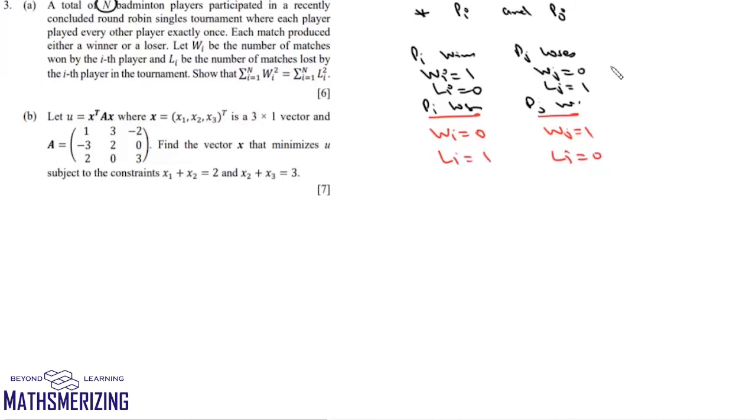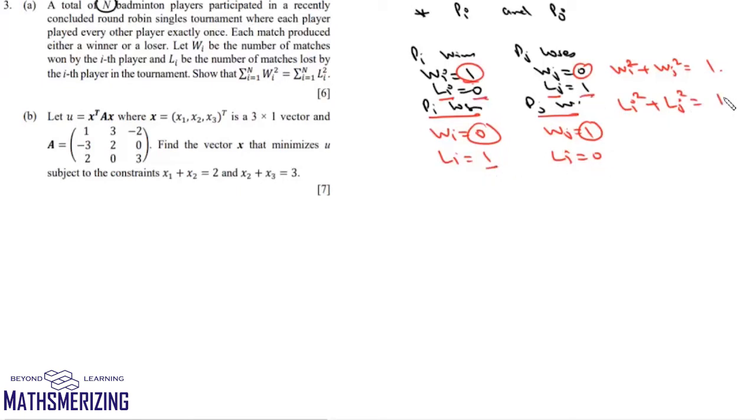Now if we look at Wi square plus Wj square, it is 1 plus 0, and here also it is 1 plus 0, so it is 1. And if we look at Li square plus Lj square, this value will be 0 plus 1 or 1 plus 0, so it will be 1.